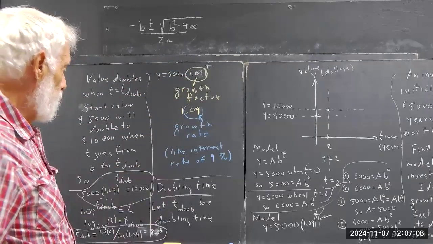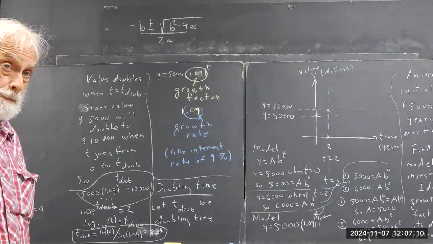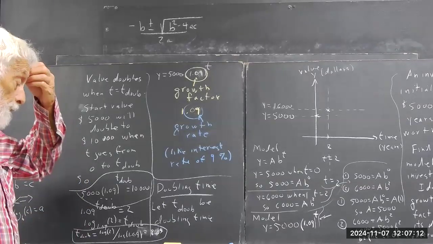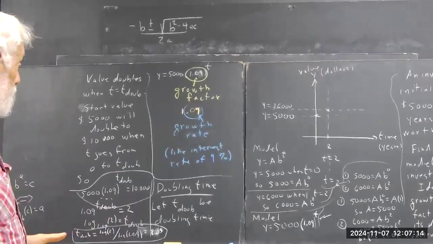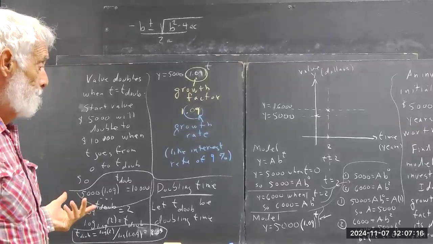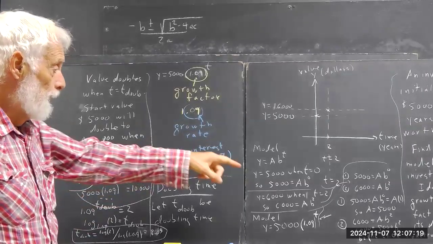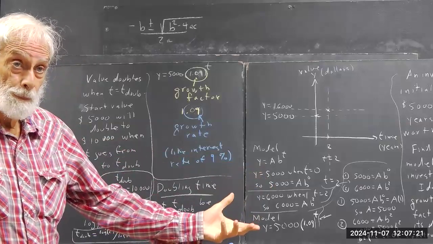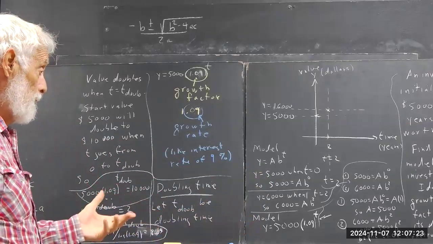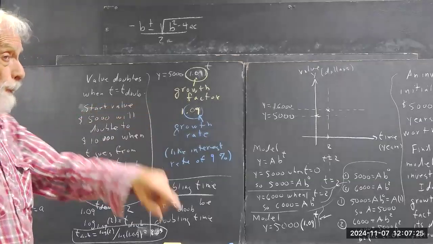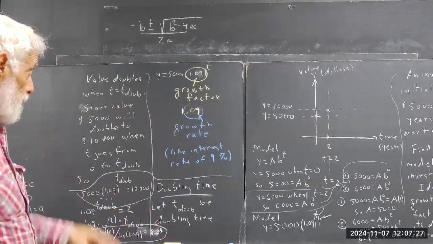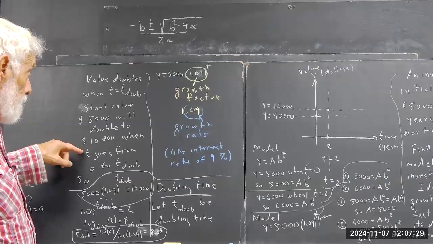Then you have how to find the doubling time. Well, you can take the value of A, which is going to be the value of the model when t equals 0, and then set your model equal to double that. It'll tell you how long it takes to double, here to here.